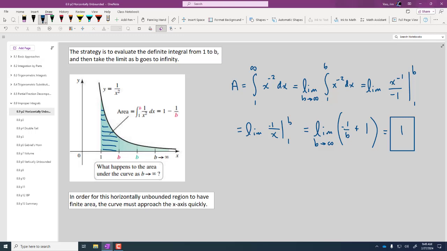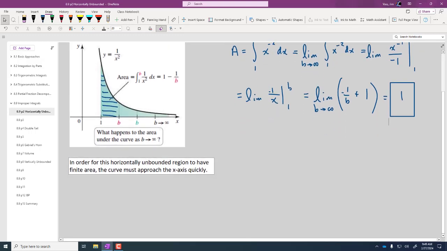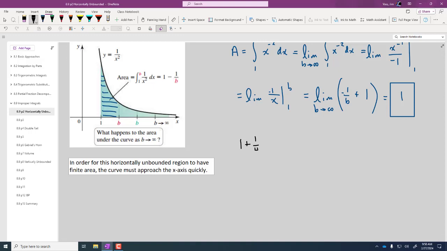And if we were to look at the rectangles here and their area, Zach mentioned a very important concept. I believe this is the thing that you mentioned, Zach, right? 1 plus 1 over 4 plus 1 over 9.